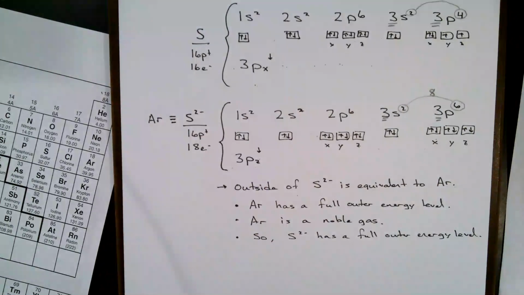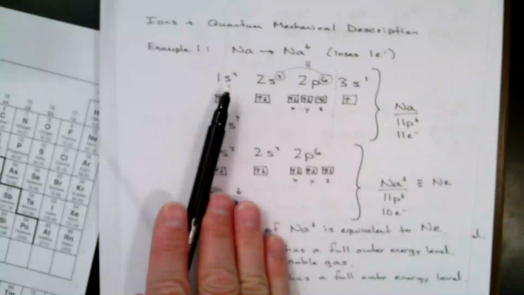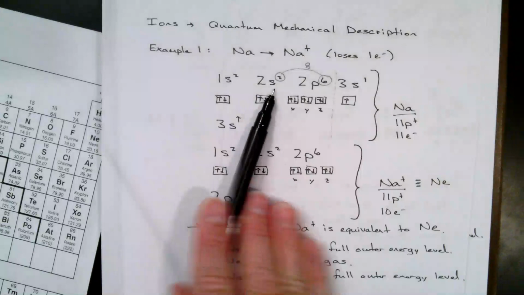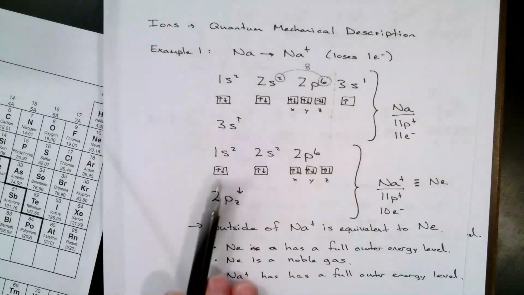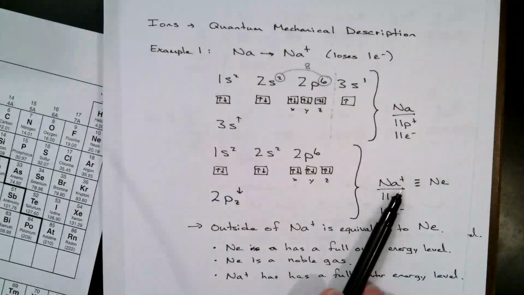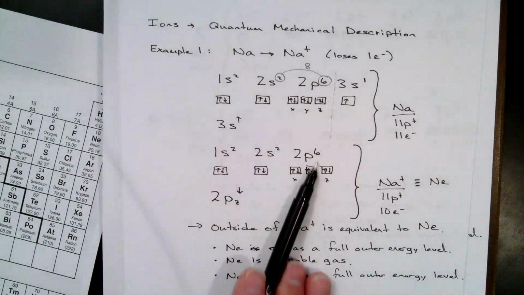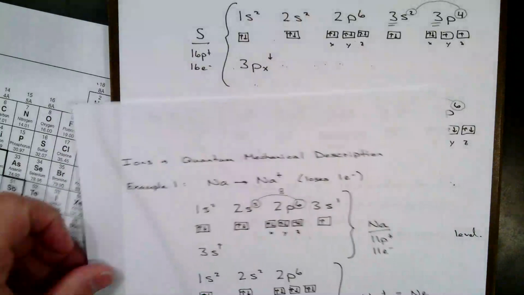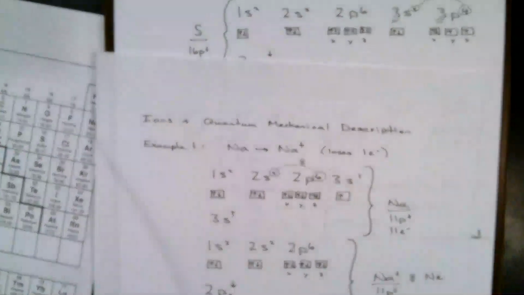The outside is full. The quantum mechanical description of sodium, Na, as an atom: 1s2, 2s2, 2p6, 3s1. But the description of the sodium ion, Na+: 1s2, 2s2, 2p6. I hope this helps in understanding the quantum mechanical description of ions.